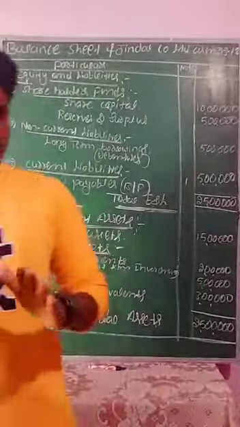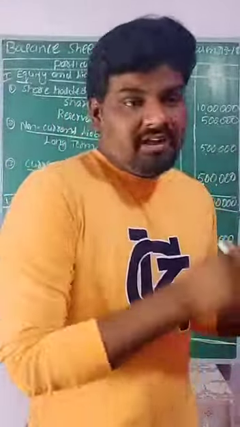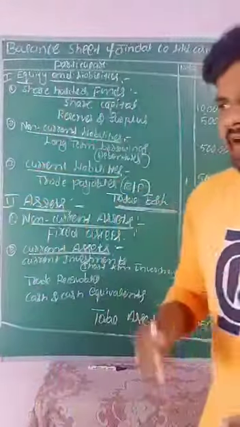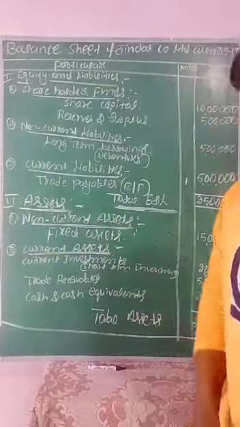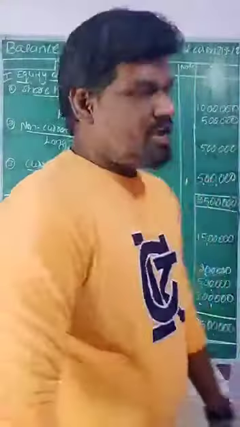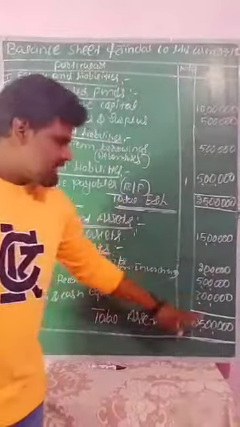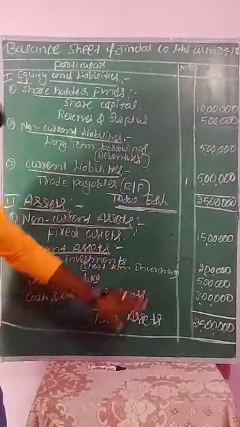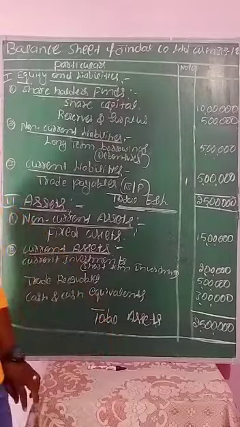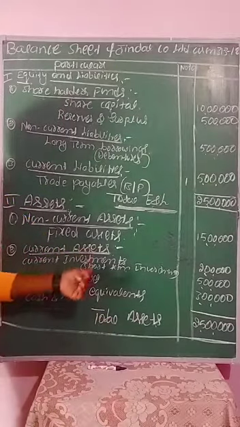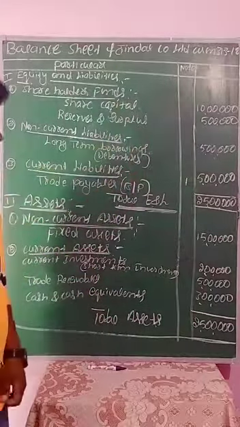Here, cash and cash equivalents means cash in hand as well as cash at bank. Both values are included in this transaction. So these cash and cash equivalents are directly given as 3 lakhs rupees. So these are the 3 transactions related to current assets in the Jindal company.